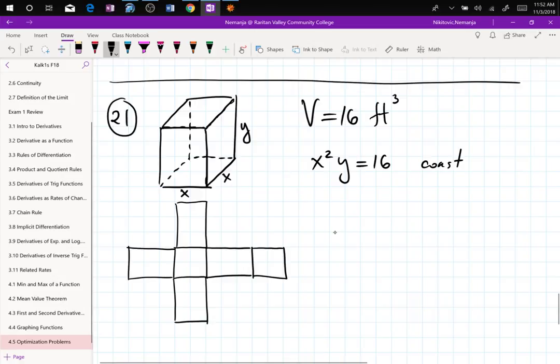So the material used to make the base costs twice as much per square foot as the material on the sides, and the material used to make the top costs half as much. So the order of cost is this. Does it make sense?